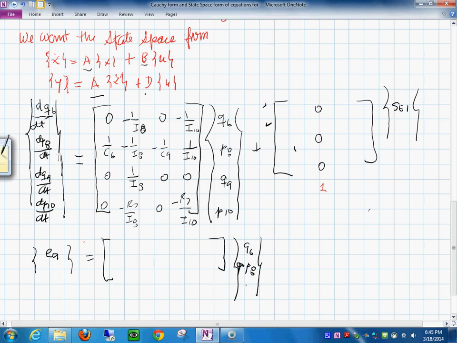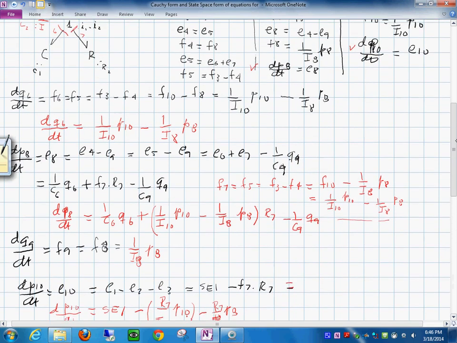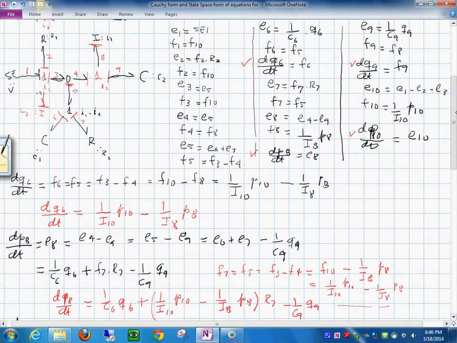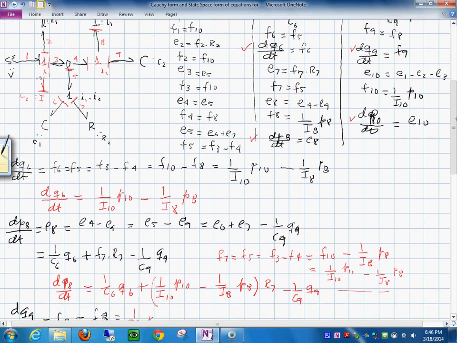So this is correct: Q sub 9 and P sub 10 plus something with the value or the impedance E1. So E9, do we have an equation for E9? I believe we do. E9 is equal to 1 over C sub 9 Q sub 9.